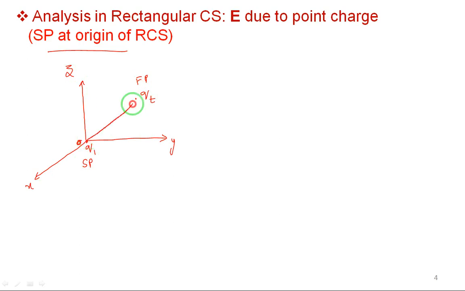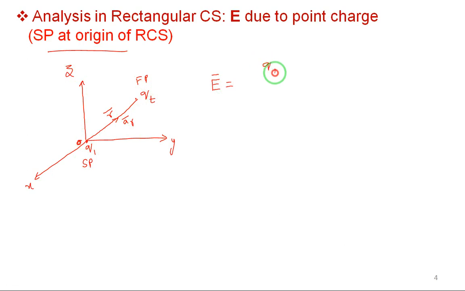Then I will join, and for the distance, once again I will make use of position vector only here, or else I can use distance vector, but it is meaningless because position vector means one of the coordinates is the origin, right? So once again it is R vector and it is in the radial direction a_r. This is the unit vector. So once again the formula turns out to be the same as previous. I want to write down the electric field intensity at the field point, where the test charge is placed.